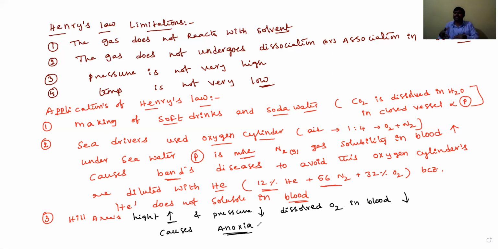At low pressure, the solubility of gas in liquids decreases, so the dissolved oxygen in our blood becomes very low. Then we go into a deep sleep, called coma. If the oxygen levels decrease further, we will die. That problem is called anoxia. Okay, students, so these are the important applications of Henry's law.